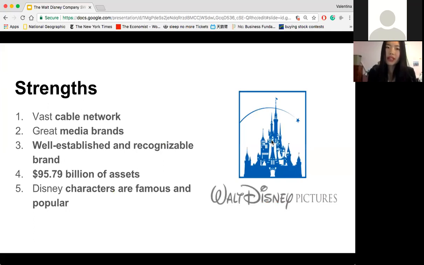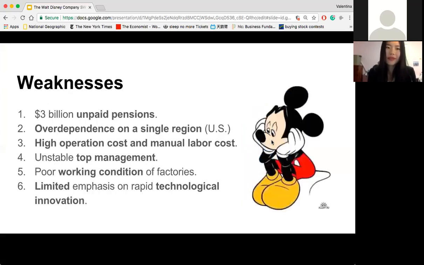A company has its strengths, but of course it also has its weaknesses. You might wonder, for a company as big as Disney, what kind of weaknesses it would have. Now let's go into the next slide. Disney has a really huge overdependence on a single region.